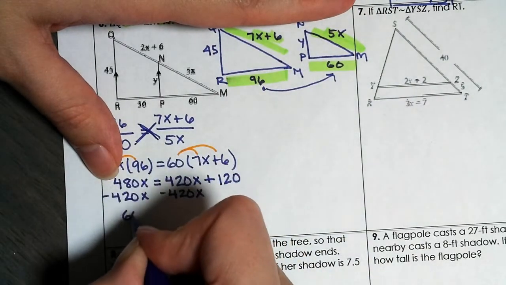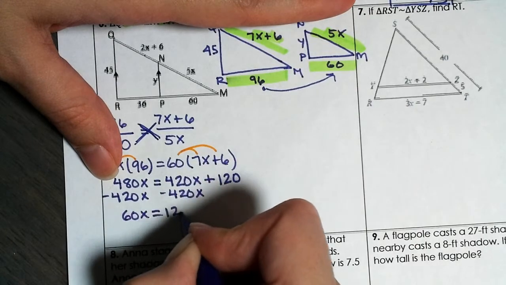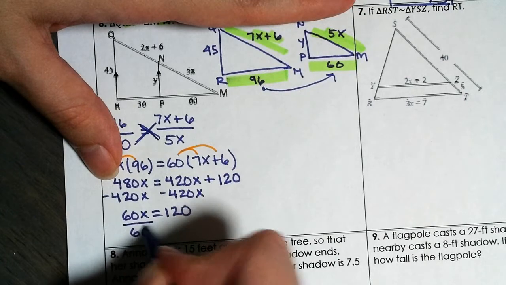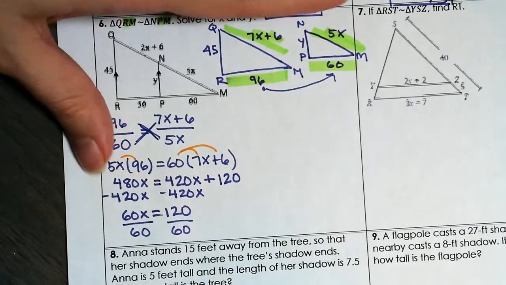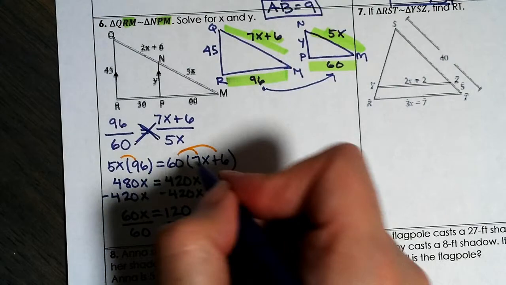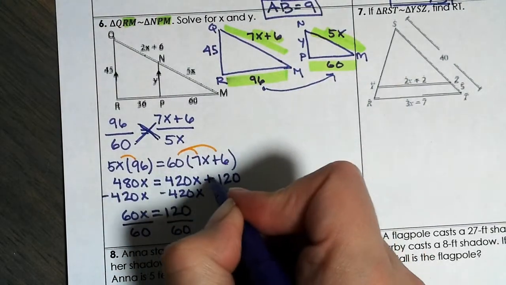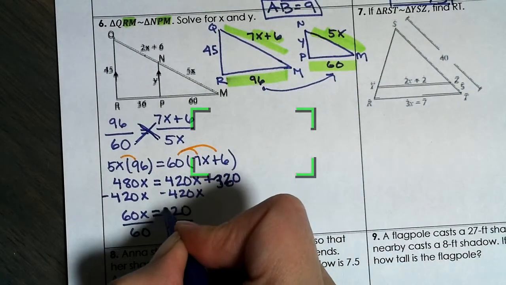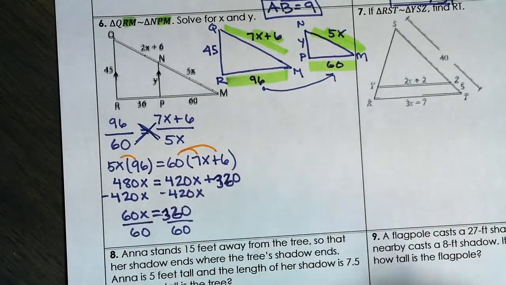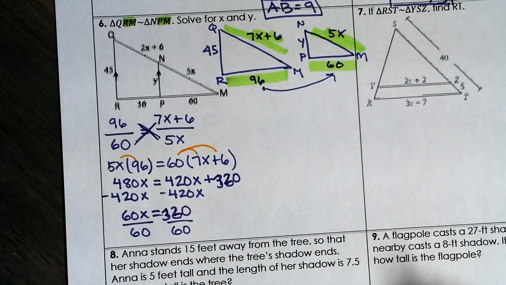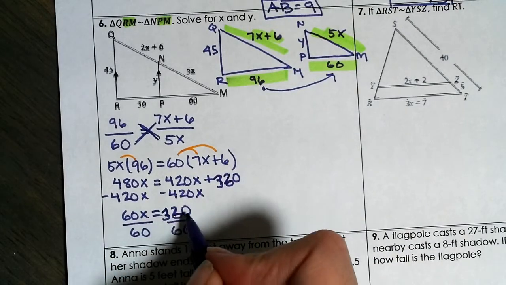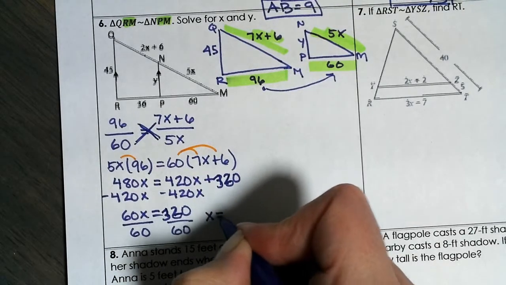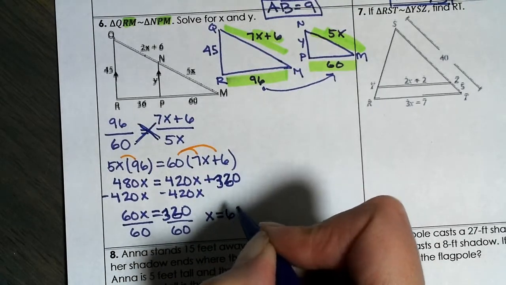That's going to give me 60x is equal to 120. I divide by 60. Oh, sorry. Just kidding. 60 times 6 is going to give me 360. Alright, so 60x is equal to 360. I divide by 60, and I get x equals 6.